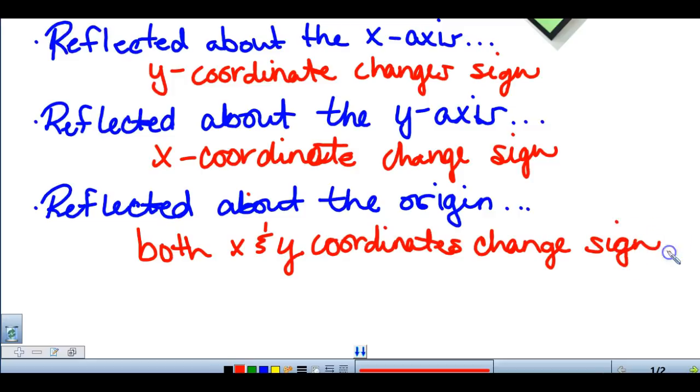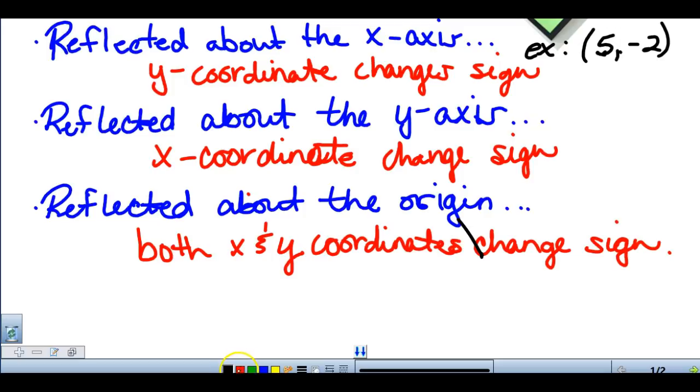Okay. Now, if you'd like to, that doesn't really clarify things much. You could say, well, the ordered pair, for example, 5, -2, if it is reflected about the x-axis, then the y value would change. So it would become 5, 2.